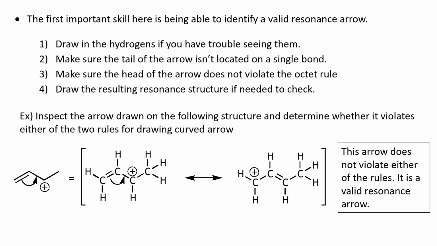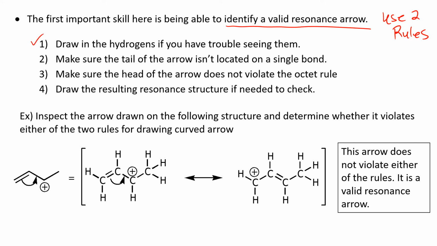One of the most important skills here in the beginning is being able to identify a valid resonance arrow using the 2 rules from the previous slide. Some things that might help you along in identifying valid resonance arrows are these 4 points. Sometimes it's helpful to draw the hydrogens in if you're having trouble seeing them.